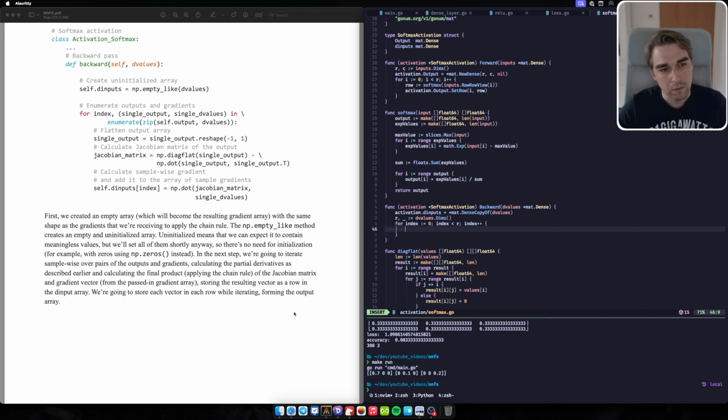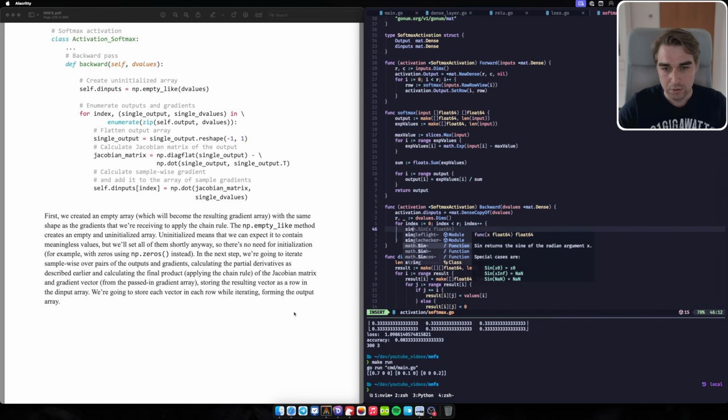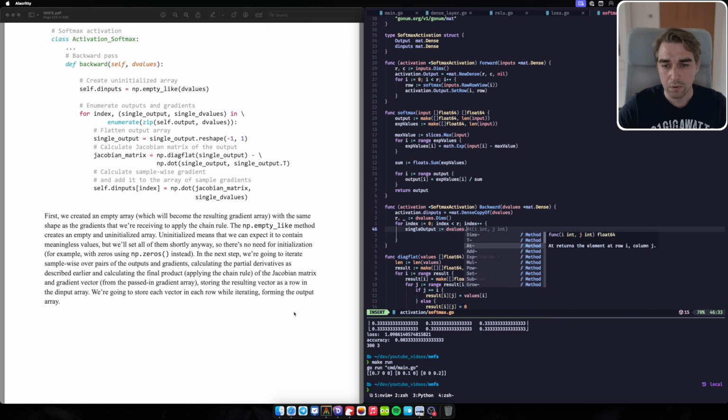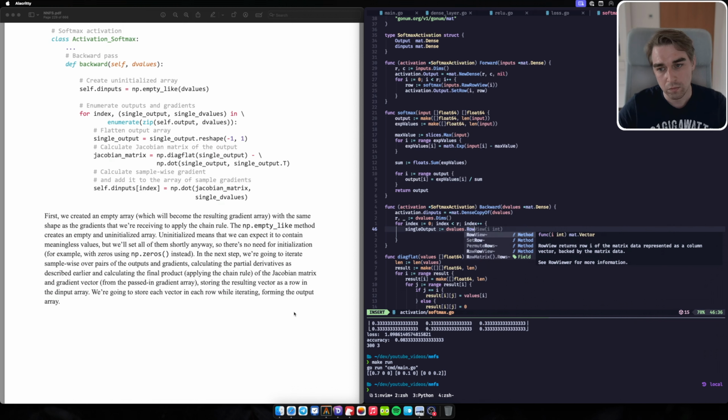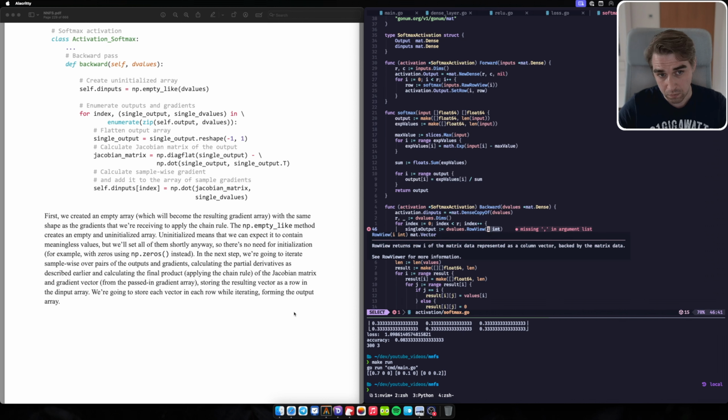Okay, so we're creating the single output, and that should be dvalues at row view at index.